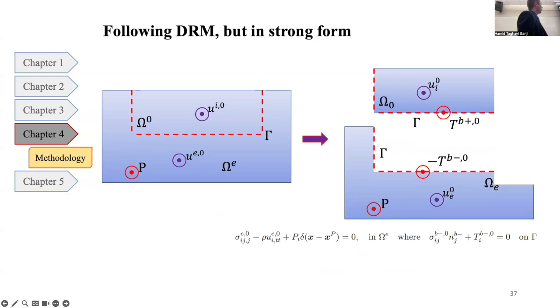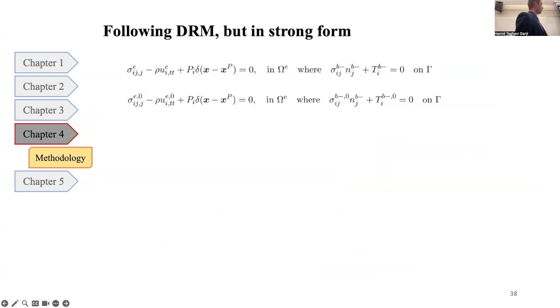And again, we can decompose this system into two parts, and we can write the governing equation for the exterior part. So now we have the equation for the exterior part, both in the original problem and in the free field problem or the background problem.